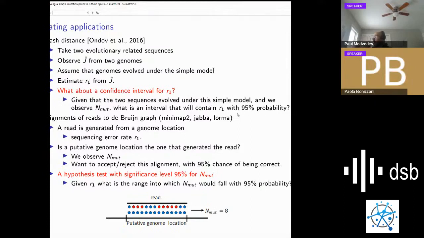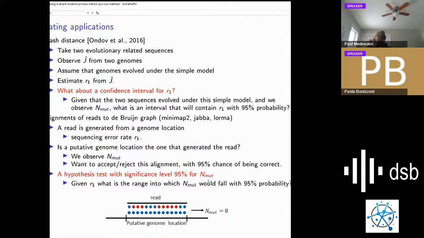But here R1 is this sequencing error rate, which usually we know, at least approximately. It's not like in the previous case, the biological mutation, which we don't know. So here the question becomes different. An aligner wants to either accept or reject the putative genome location as a possible alignment. Okay?